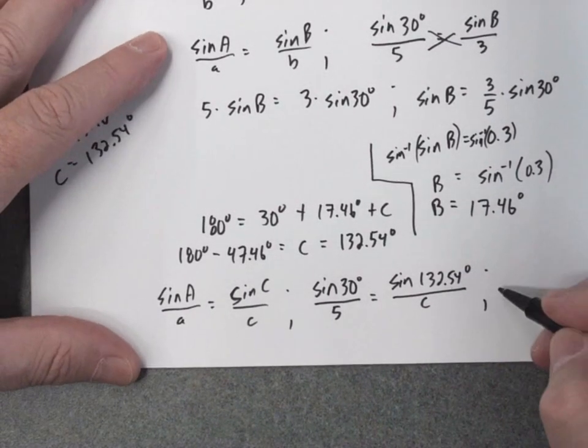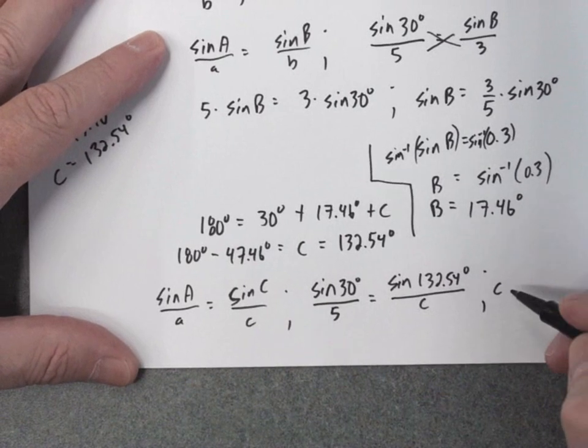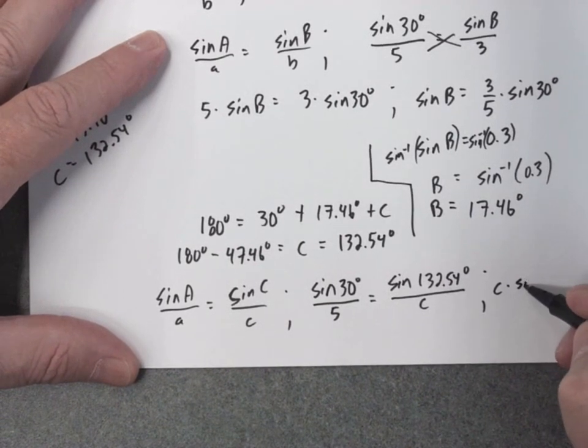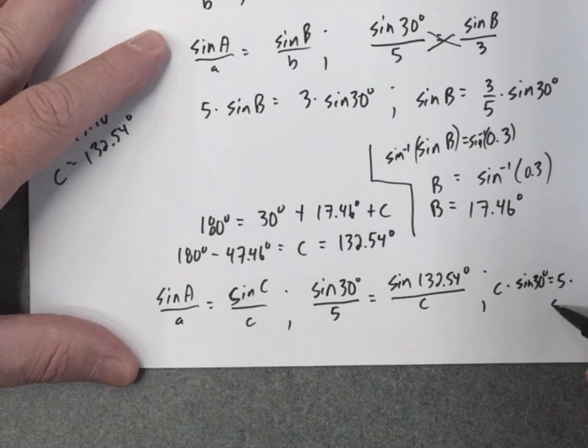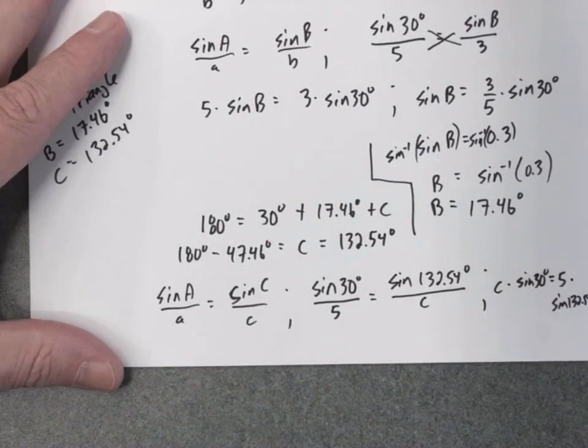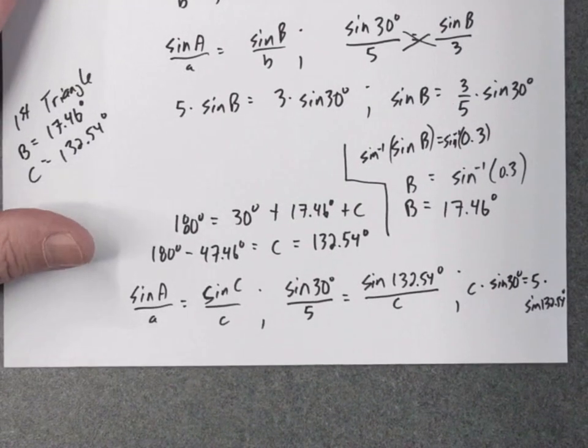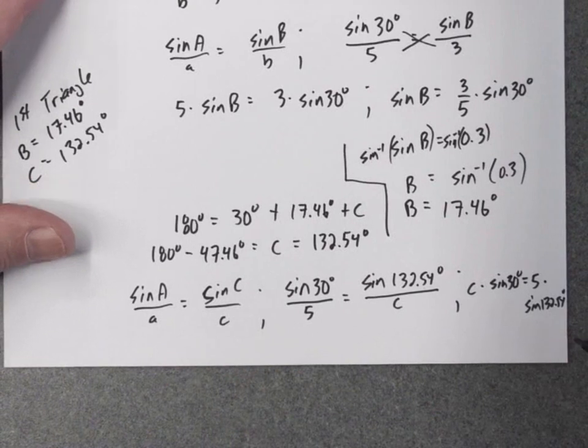If I cross multiply, C times sine of 30 degrees equals 5 times the sine of 132.54 degrees. Let me see if I can finish this on this sheet of paper.